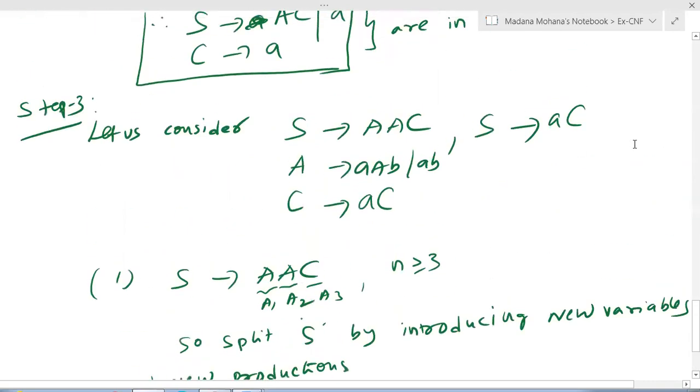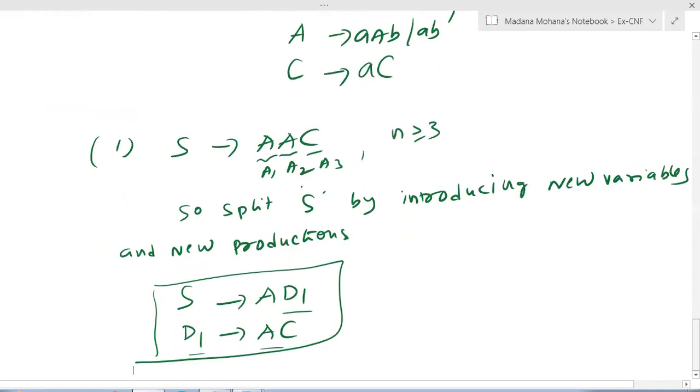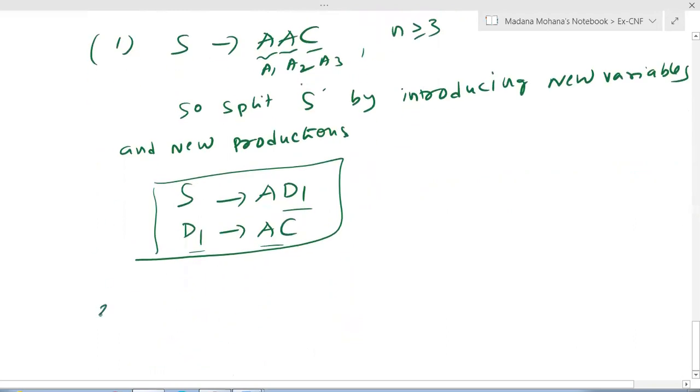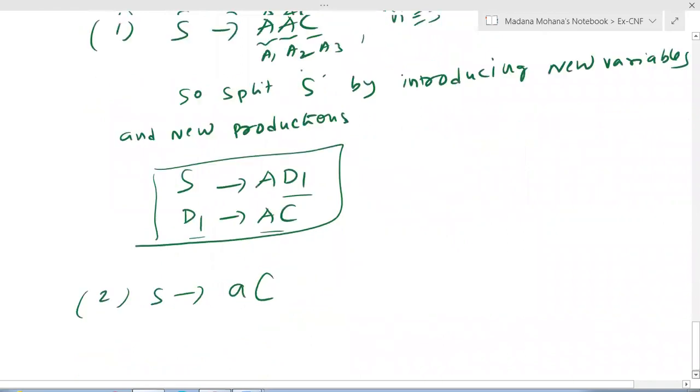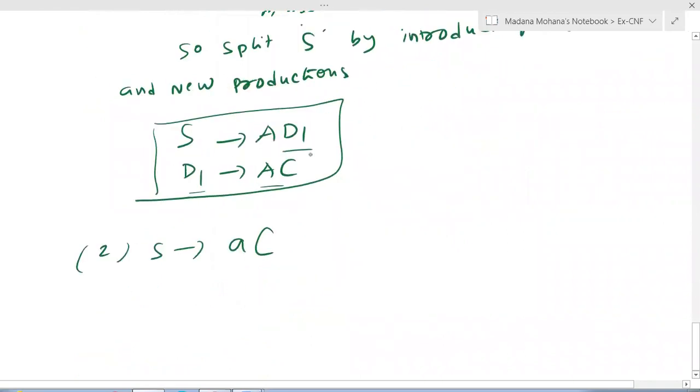Now, other productions of S. S derives terminal A, variable C. Now you can see for this we can apply step 4. Why? Because on the right hand side we have a terminal followed by a variable. So with variable combination, wherever a terminal is there, you can use step 4.